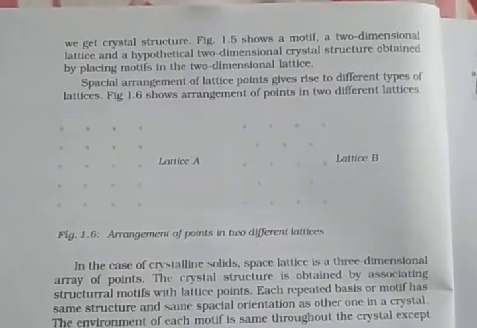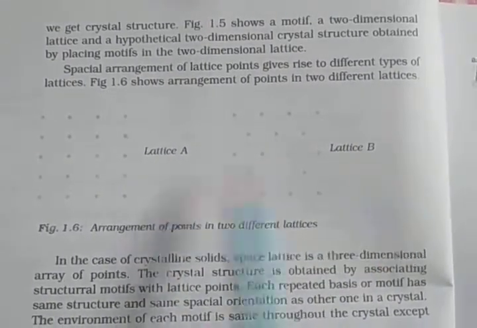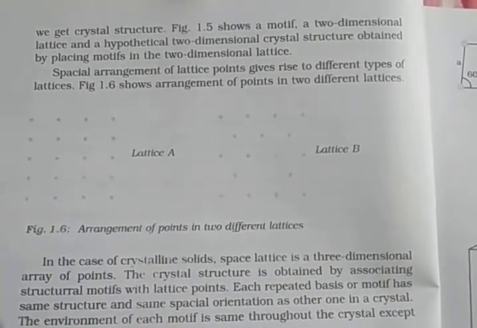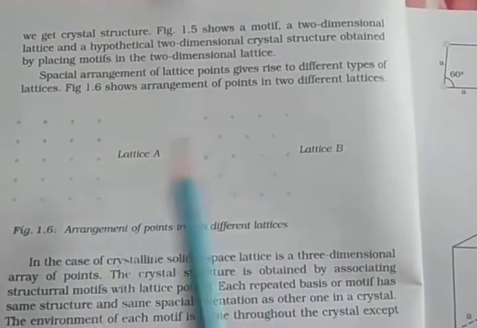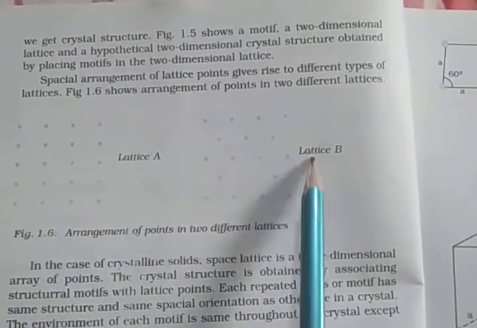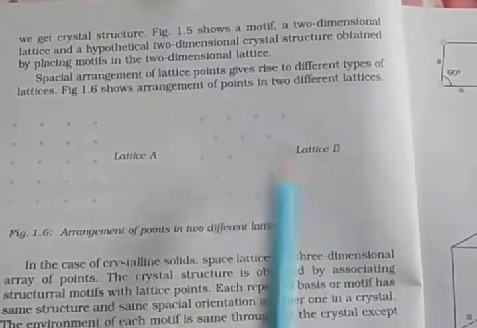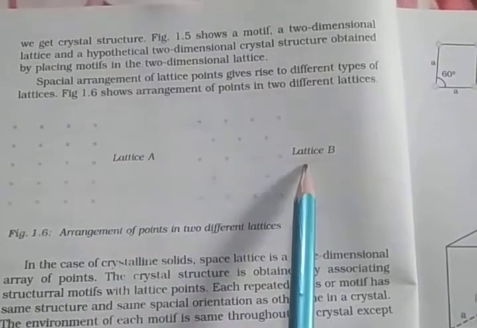Then the spatial arrangement of the lattice points gives rise to two different types of lattice. Lattice point means these points. The spatial arrangement of the lattice points gives rise to different types of lattice, lattice A and lattice B. These points represent the two types of arrangement.